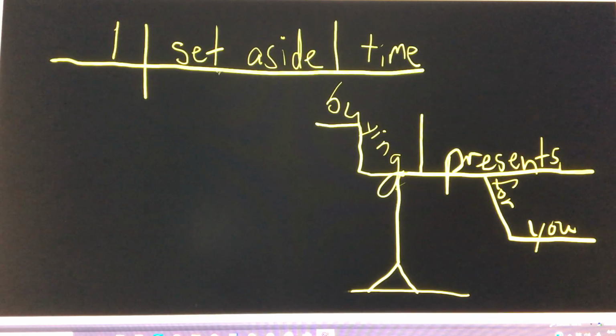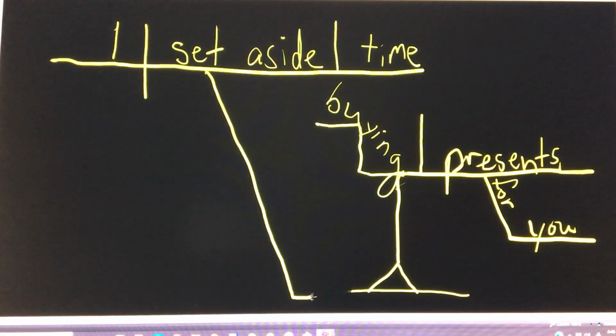If the sentence is, I set aside time for buying presents for you, well, the for is a preposition. The object of the preposition is now the gerund phrase, buying presents for you.